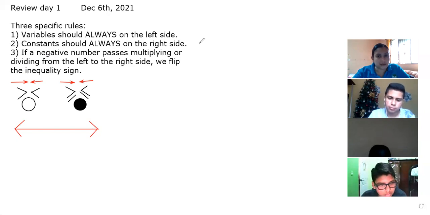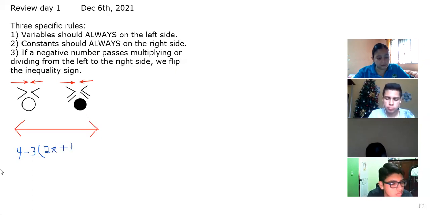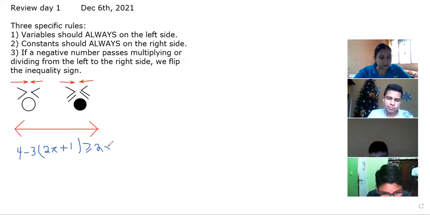The first exercise that we are going to solve is 4 minus 3 parentheses 2x plus 1 is greater than or equal to 2x plus 15.